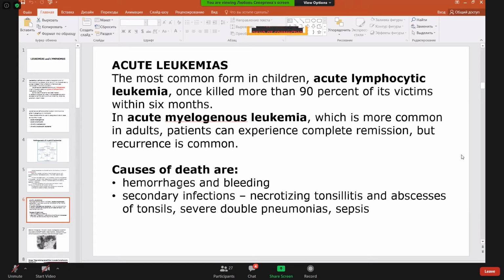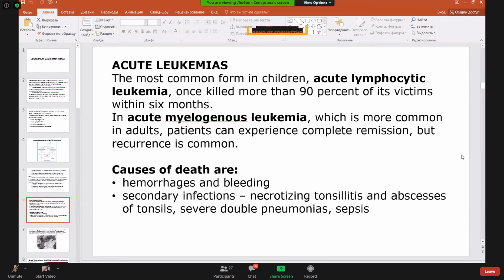And by the way, this tonsillitis associated with the formation of abscesses finally can lead to sepsis, septicopyemia, and severe pneumonias, very often double pneumonias, also can complicate the acute leukemia, and these pneumonias can lead to the empyema, bilateral suppurative pleuritis, and finally to septicopyemia too.